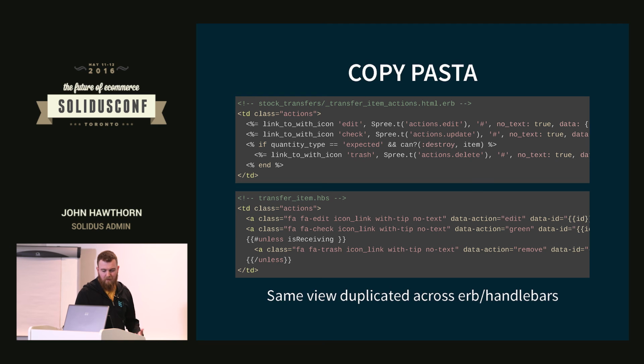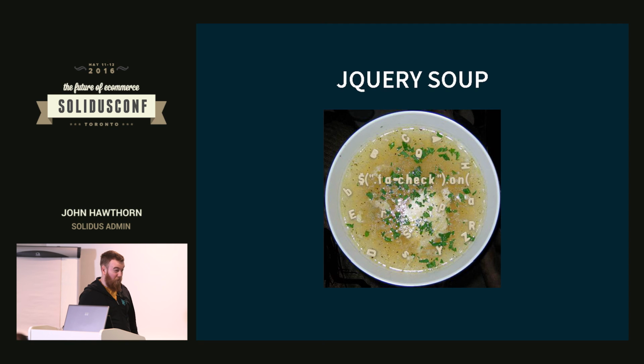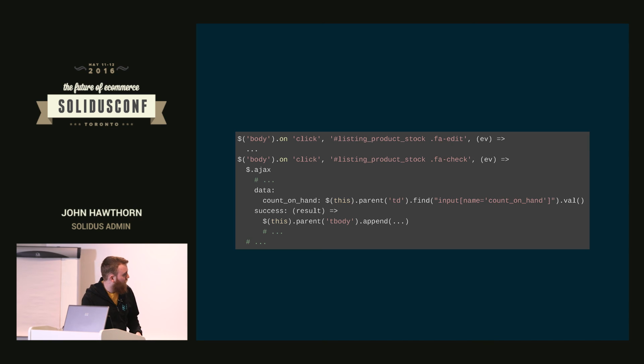And fixing this wasn't as easy to do as one would hope, because the JavaScript's in a state that I like to call jQuery soup, where you've got callbacks everywhere, everything's an anonymous function, your state is all in the DOM, and you're reaching into the DOM to find nearby DOM elements to the one your event was clicked on.